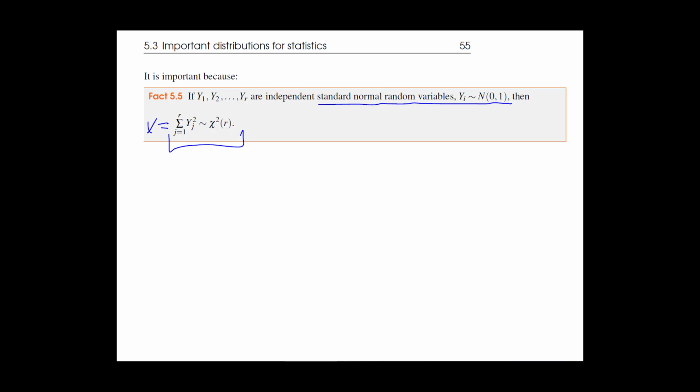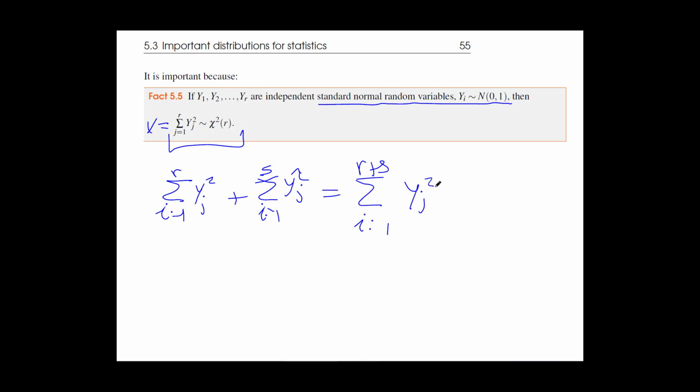So if you're adding one with R degrees of freedom plus another one that has S degrees of freedom, both sums of yj squared from i equals 1, this is just one summation from i equals 1 to R plus S of yj squared, right?